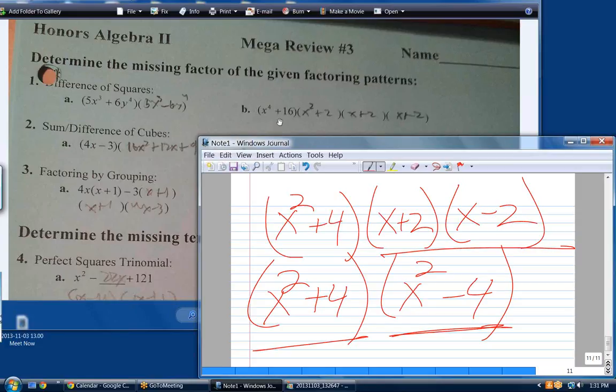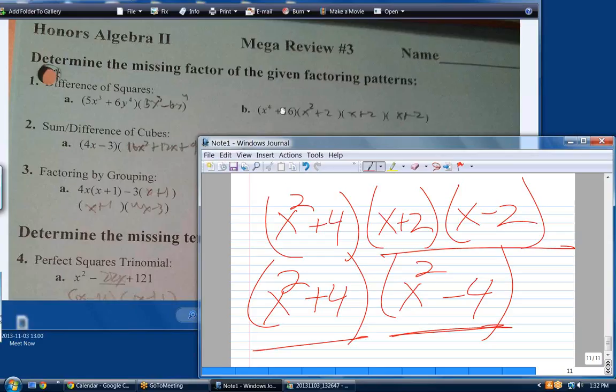So her answer key is not correct for this. If you don't believe me, multiply it out. x plus 2 times x minus 2 equals x squared minus 4, but then x squared minus 4 times x squared plus 4 is equal to x to the fourth minus 16.